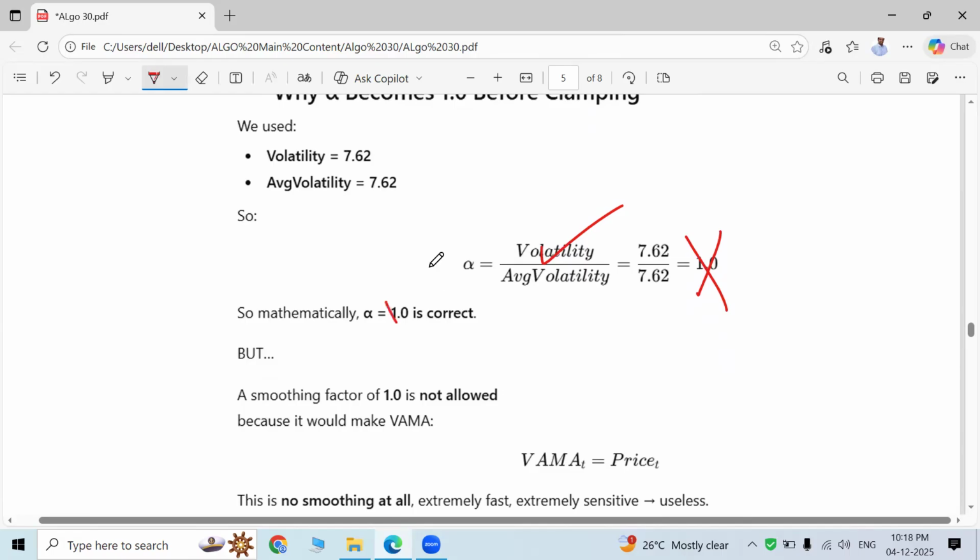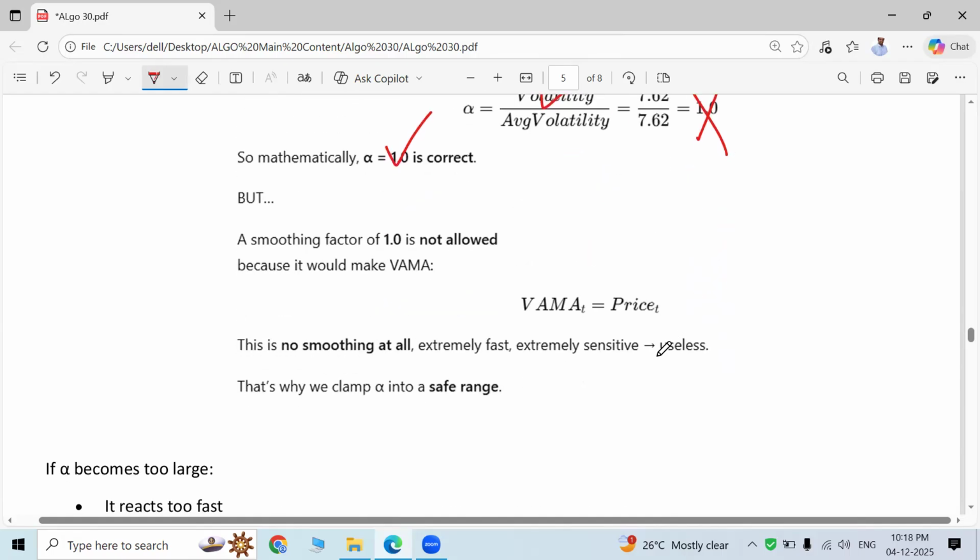Mathematically it is correct, but the smoothing constant cannot be 1. Otherwise, if I put 1, then the VAMA will always equal the price, so there will be no smoothing happening. It becomes extremely fast and extremely sensitive to all changes in the price, which is useless.